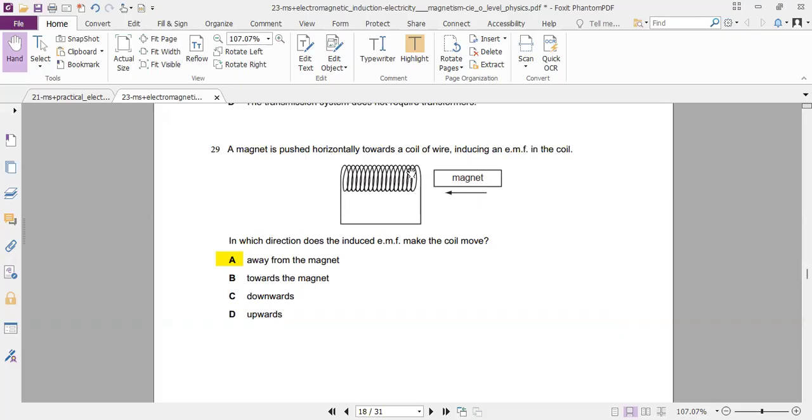The EMF produced in the coil is such that it induces poles onto the coil, and the poles are such that they oppose the reason causing it. So the magnet is the reason causing the poles, so they will induce opposite poles to the magnet's pole. When we have two opposite poles, the repulsion force between them will push the coil this side. So it will be away from the magnet.